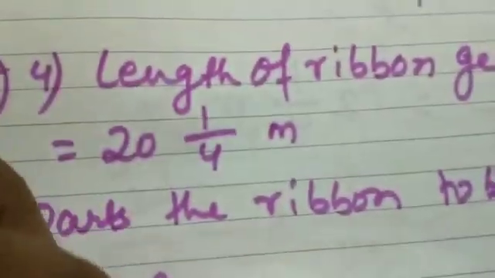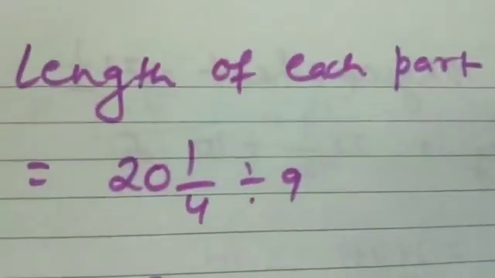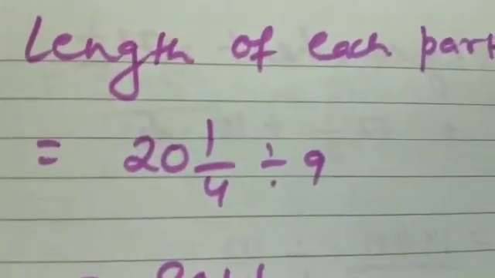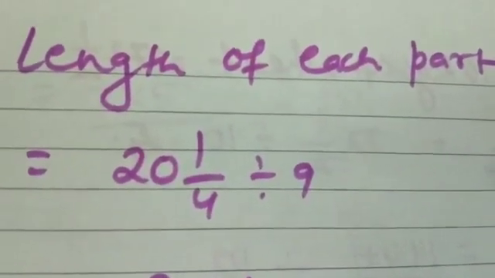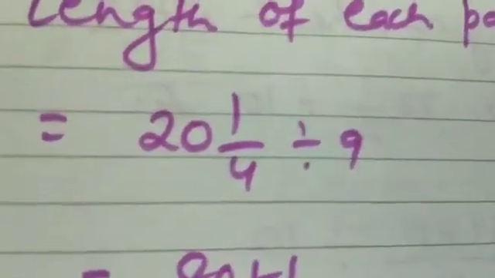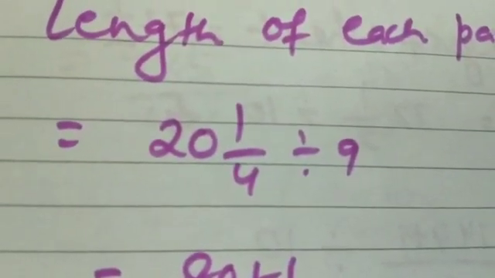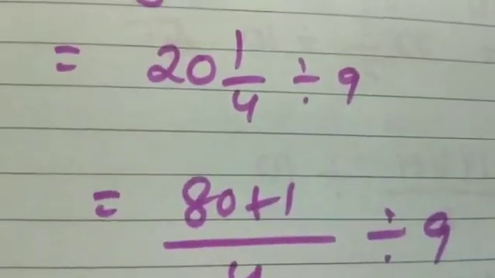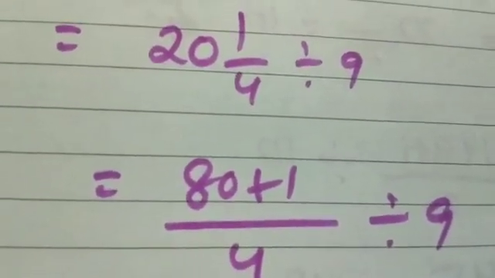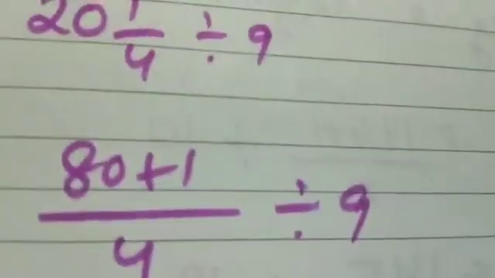Then we'll start the division process. So we'll write length of each part equals 20 1 by 4 divided by 9. Okay. So this is a mixed fraction. Again same rule we will apply. We'll change it into improper fraction. See? 4 into 20 plus 1, that is 80 plus 1 by 4, and it is also divided by 9.